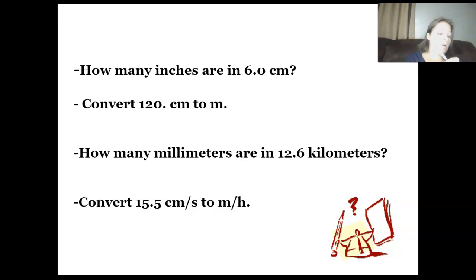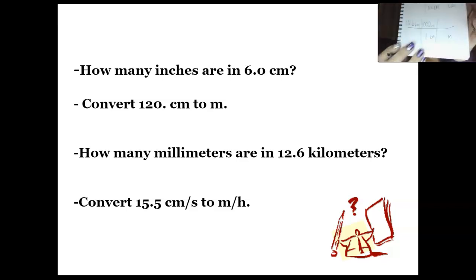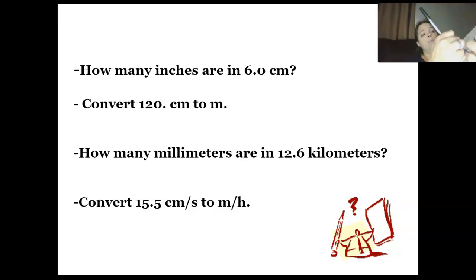So there's 1 kilometer equals 1,000 meters. I got to get out of meters and go to millimeters. So I'm putting meters on the bottom and millimeters on the top. Meters are bigger than millimeters, so 1 on the bottom, 1,000 on the top.